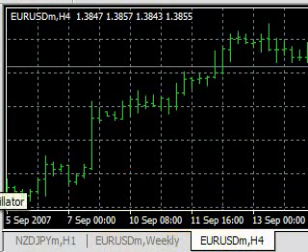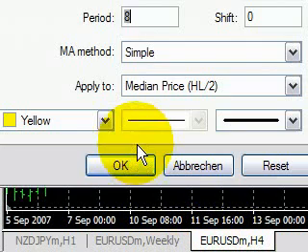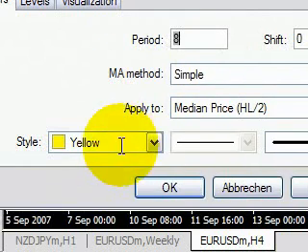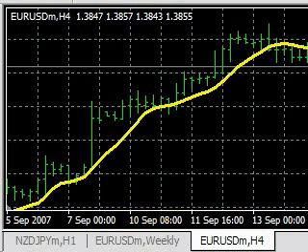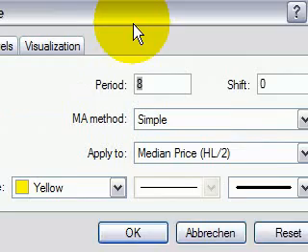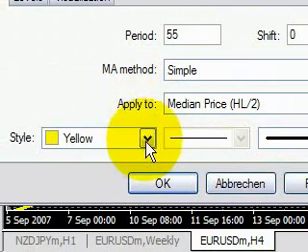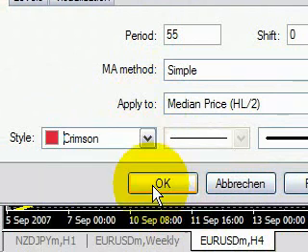Okay, let's continue to the 4-hour chart and put some indicators on there. We'll also use the 8-period simple moving average, and we'll again color it yellow since it's the fast one. Now we'll put another one on there, a period 55 moving average, again simple, and we'll color it crimson red.